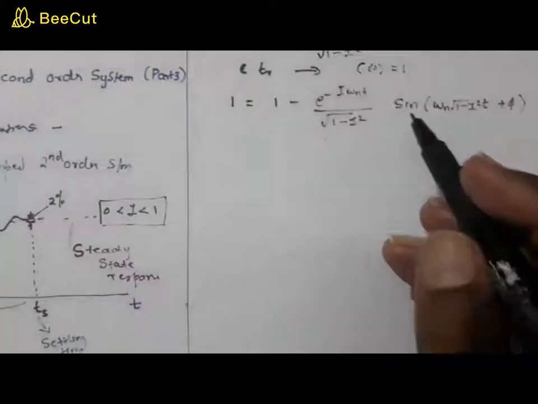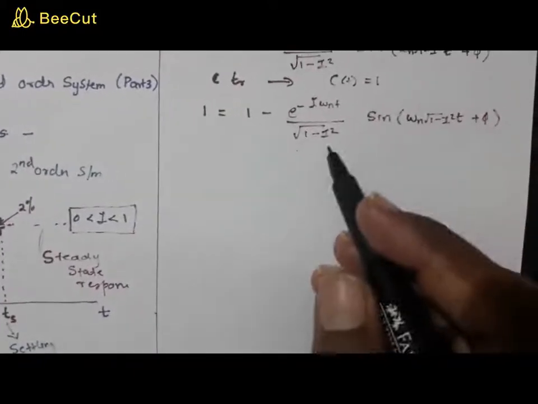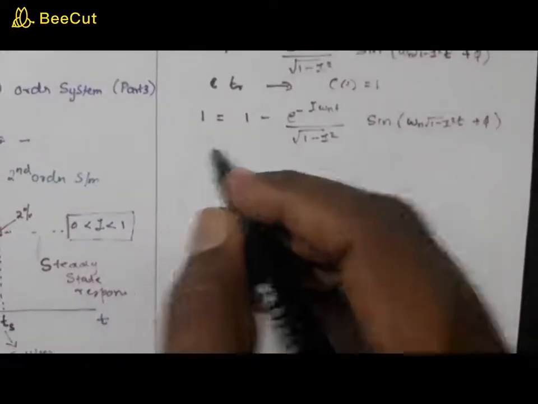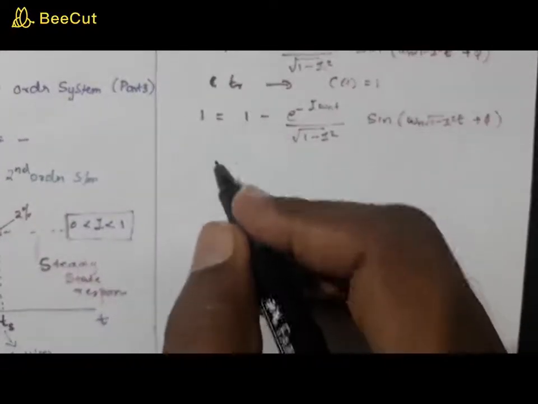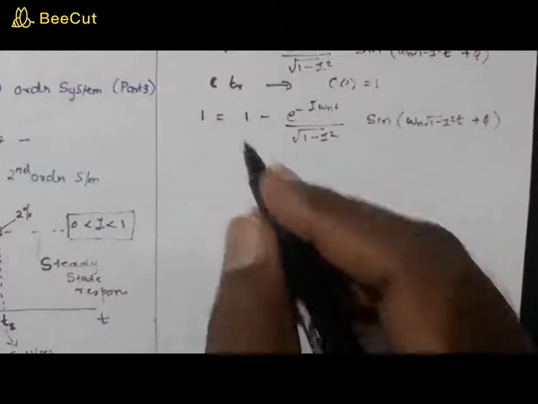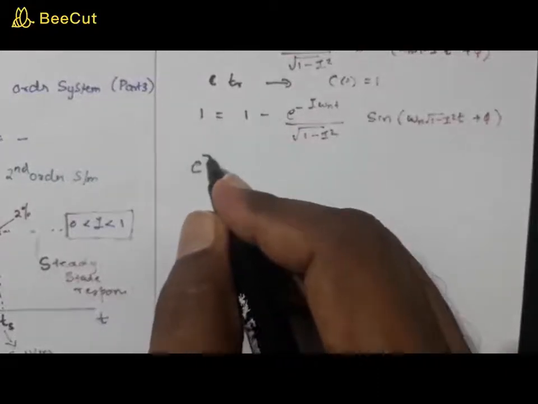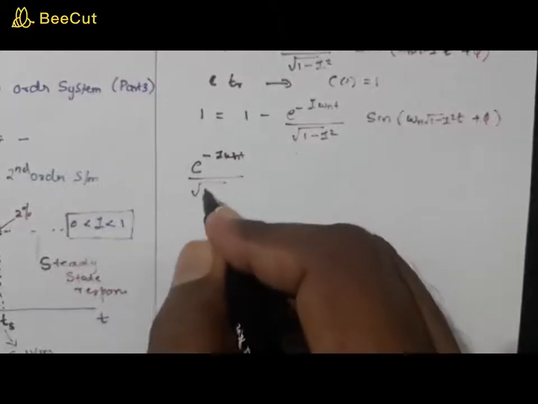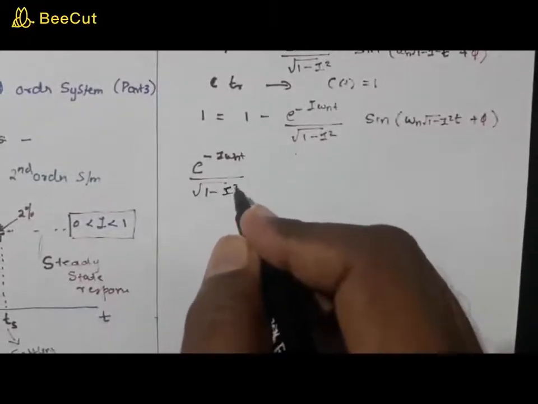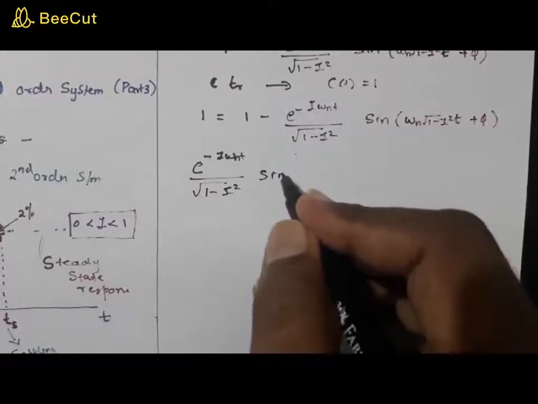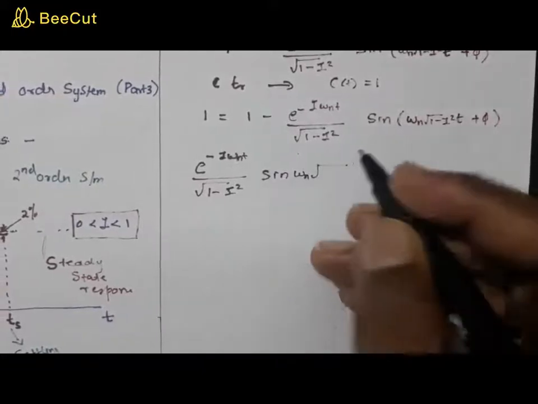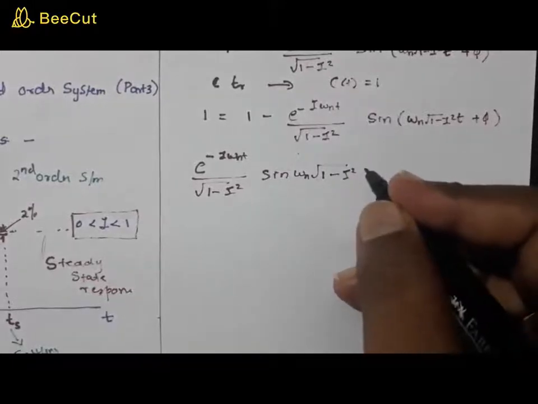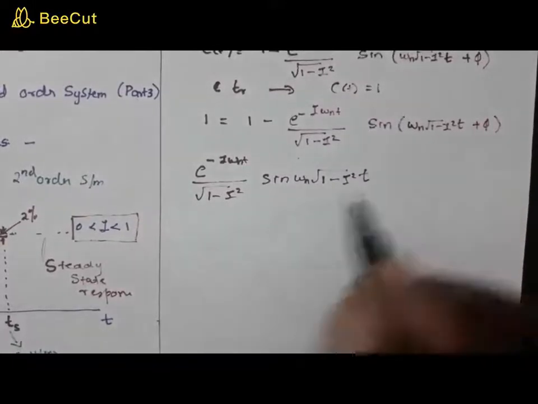Now equating this 1 is equal to this, this 1 and 1 get cancelled, meaning e raised to minus theta omega n t divided by root of 1 minus theta square, sine omega n into root of 1 minus theta square t.